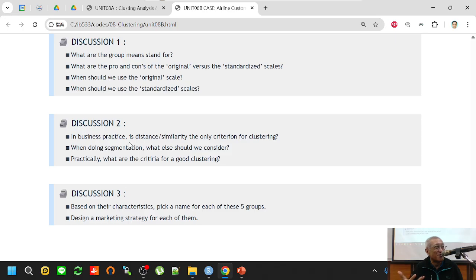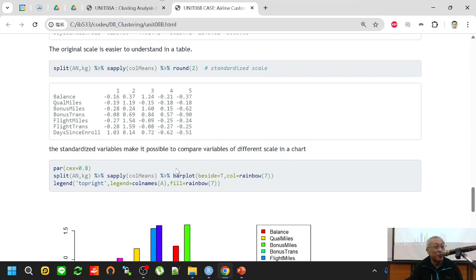Try to do some discussion within your group. It will be very helpful, right? It will be very helpful. Okay. And if possible, you can apply the same logic in your midterm.